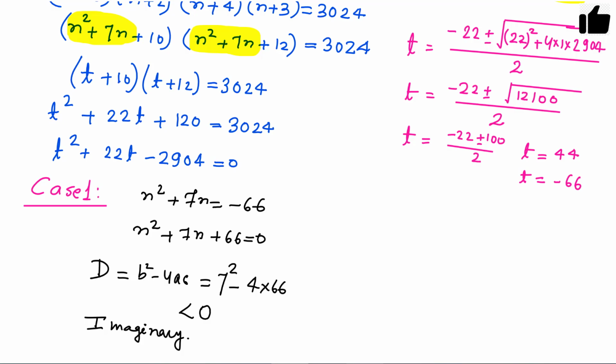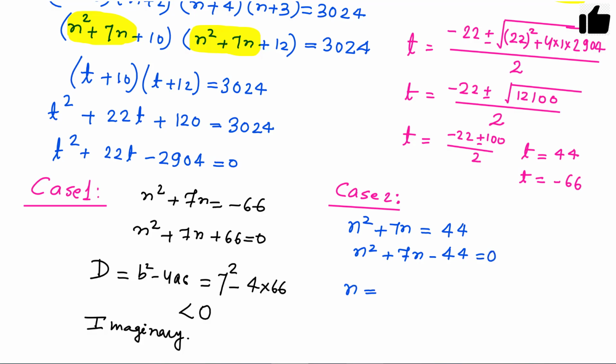Now consider case 2. n^2+7n equals 44. So we can write n^2+7n-44 equals 0. Once again we can find the n value using the quadratic formula: -b plus or minus the square root of b squared minus 4ac, divided by 2a.